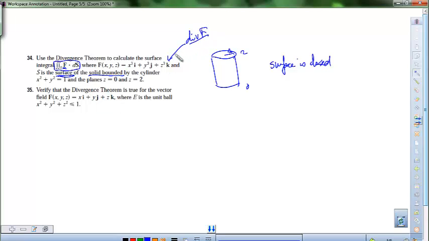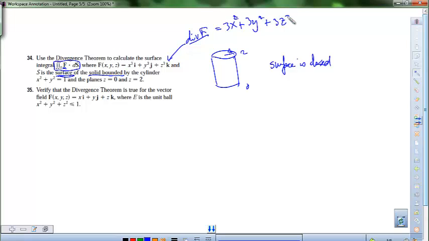And then the other part is that when you take the div of a problem, it looks like you might simplify things. So the div of this is 3x squared plus 3y squared plus 3z squared.